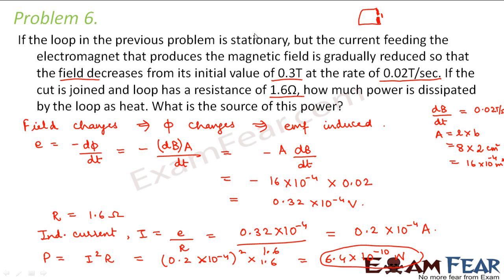And who was changing this magnetic field? The problem says that the current feeding the electromagnet that produces the magnetic field is gradually reduced. That means there was some external source which was changing the magnetic field. So that external source is basically the source of power which we got here, right?